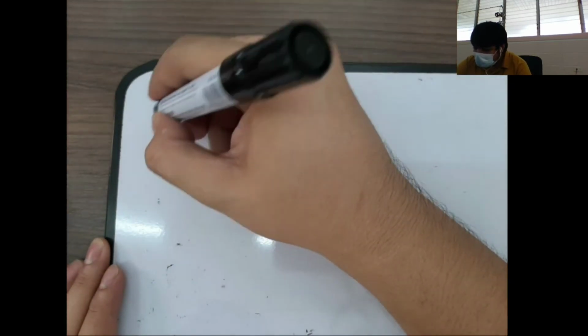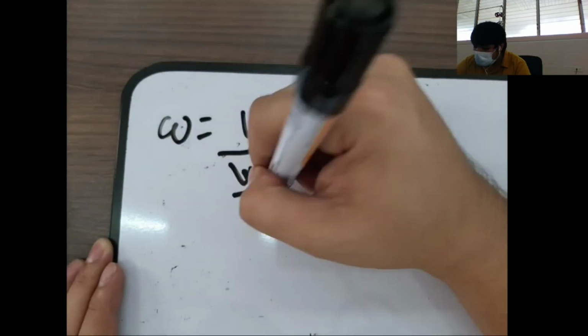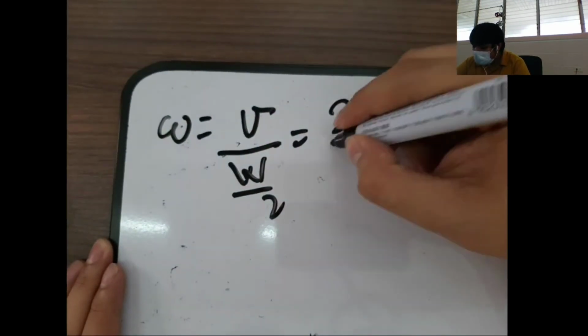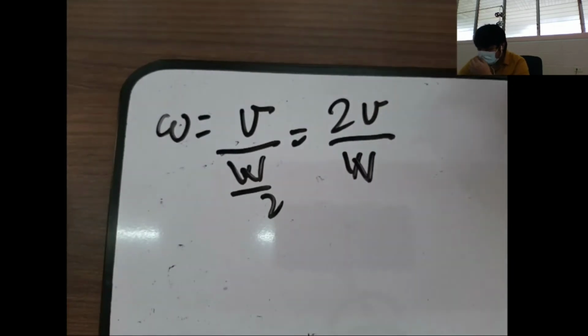The angular velocity, therefore, will now be equal to V over W over 2, or 2V, 2 times the linear velocity divided by the width. Okay.